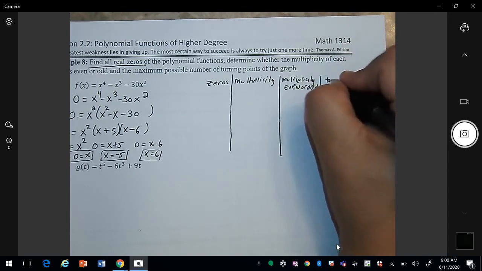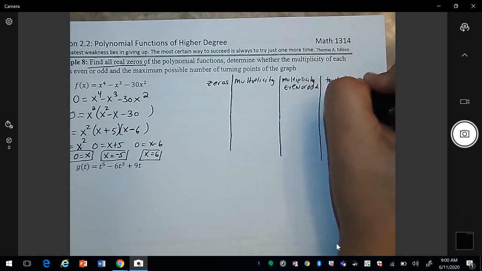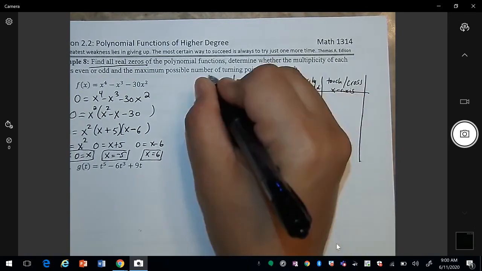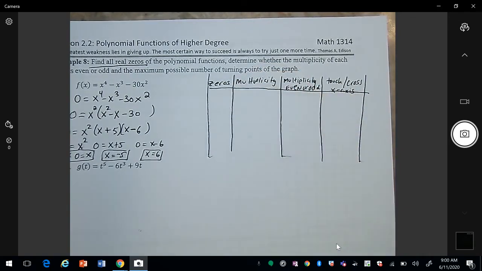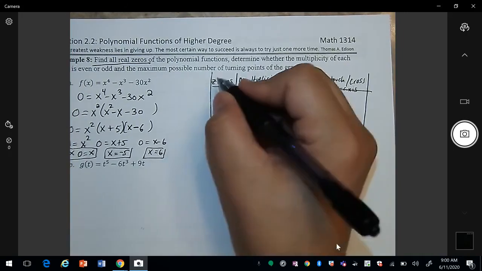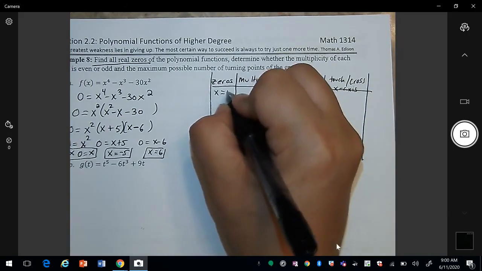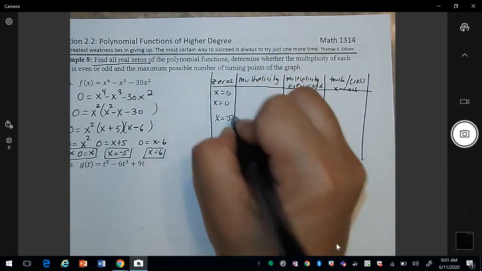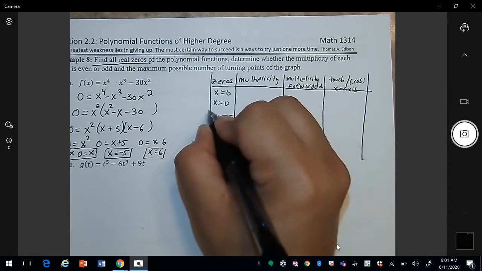And then we have to decide if it touches or crosses the x-axis. Okay, so our first zeros are x equals 0 and x equals 0. Then I have x equals negative 5 and x equals 6.